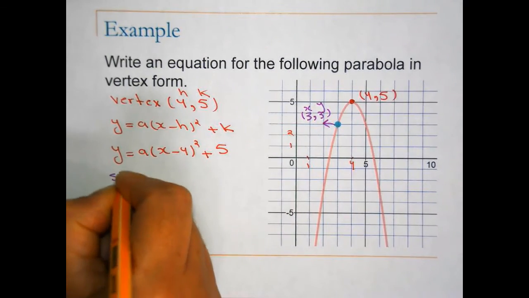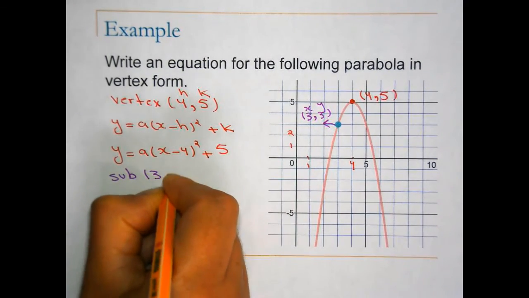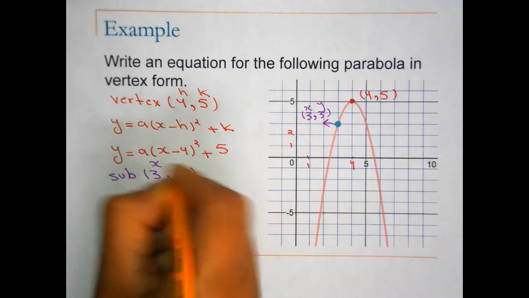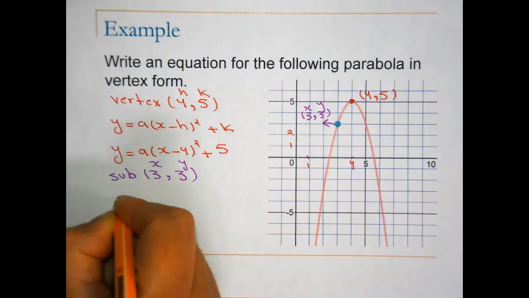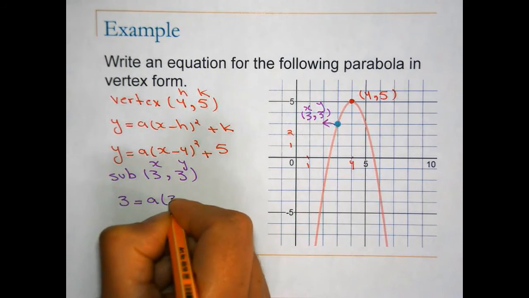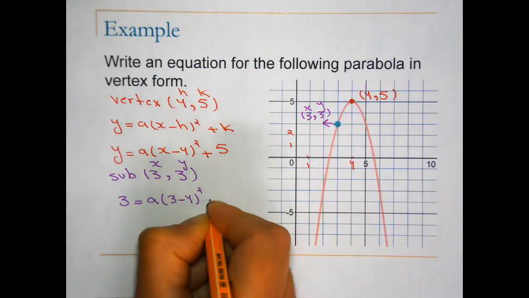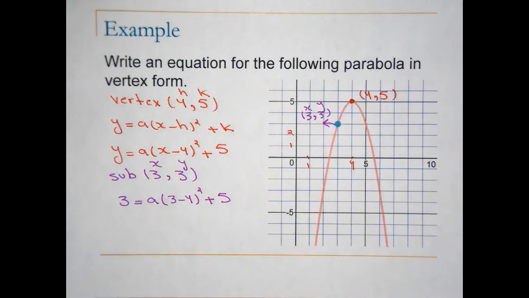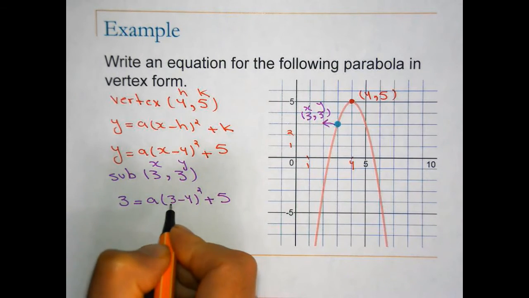So sub the point 3 and 3, x and y. So they're both the same actually. So y is 3 equals a, and then 3 minus 4 squared plus 5. Remember, the first thing you need to do is the brackets.